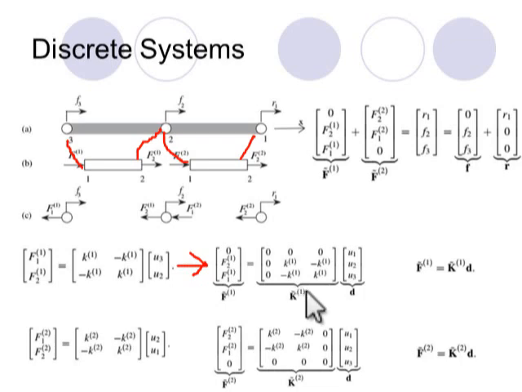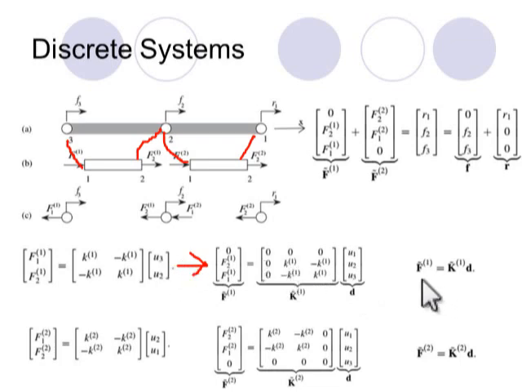I have a 3 by 3 matrix. This is the elemental stiffness matrix again, which is written according to the global numbering. Then I have the nodal displacements U1, U2 and U3. Again, remember that these are the global node numbers.